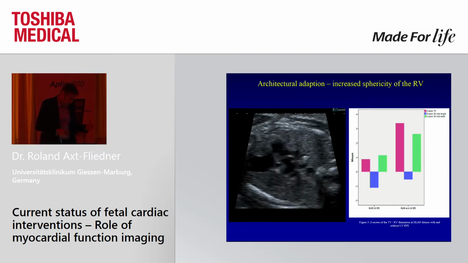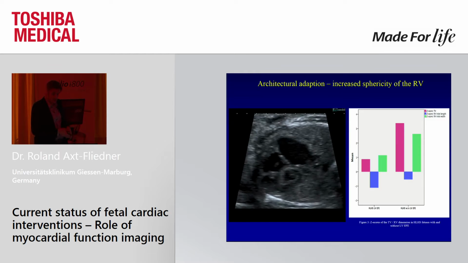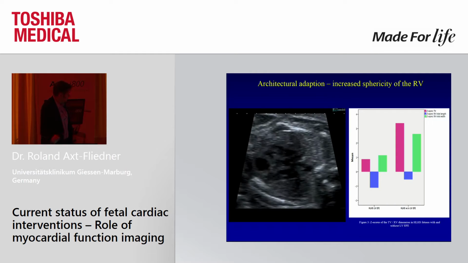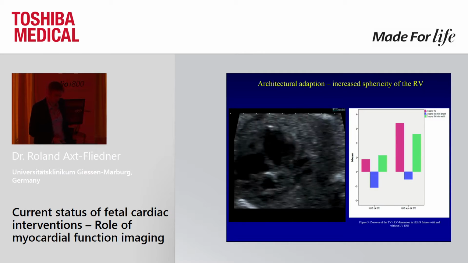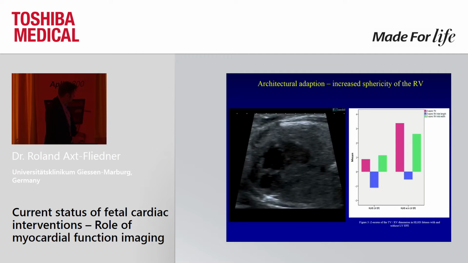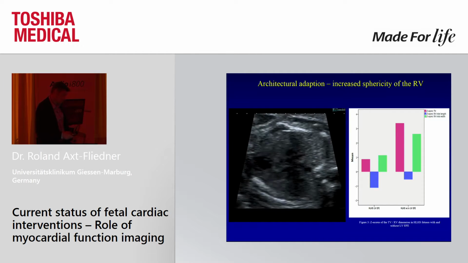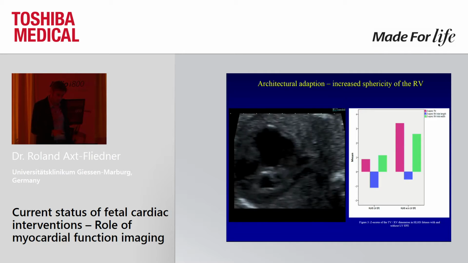Then we went a step further, and we wanted to have information on different types of hypoplastic left heart, and we then looked at the group of mitral stenosis and aortic atresia, which I showed you would be expected to have the worst outcome in the long term.